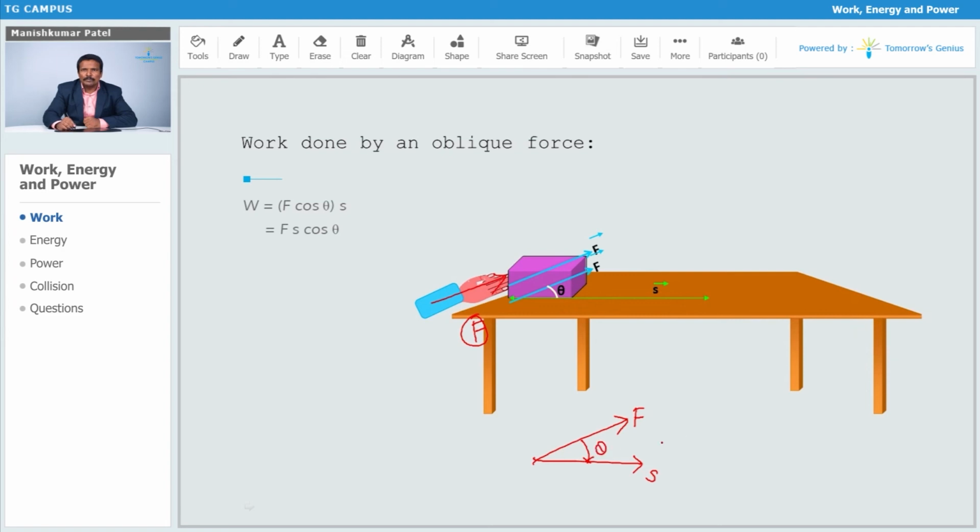To find the work done, take the component of force in the direction of displacement, that is f cos theta into s. So the work done is fs cos theta, the work done by an oblique force.